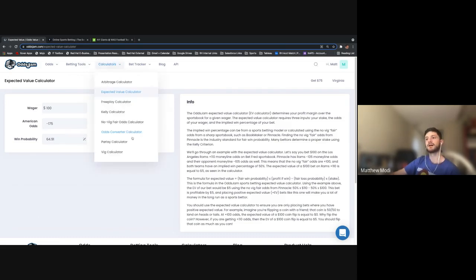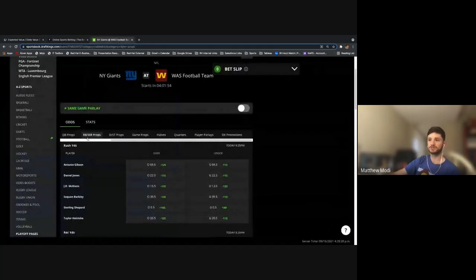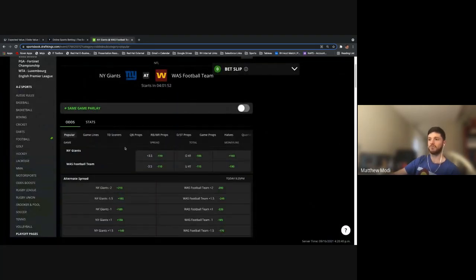So there are some other ones in here that are important as well. No vig is good because sportsbooks like DraftKings will place a vig on a line. So this minus 110, that's DraftKings trying to make their profit. If two people bet opposite sides $100, DraftKings will automatically profit 10. That's how they make their money.